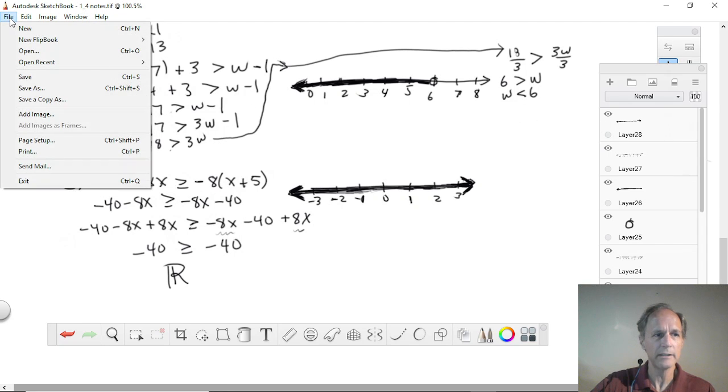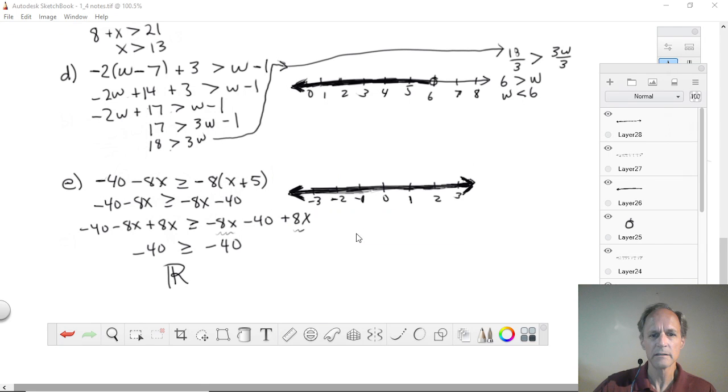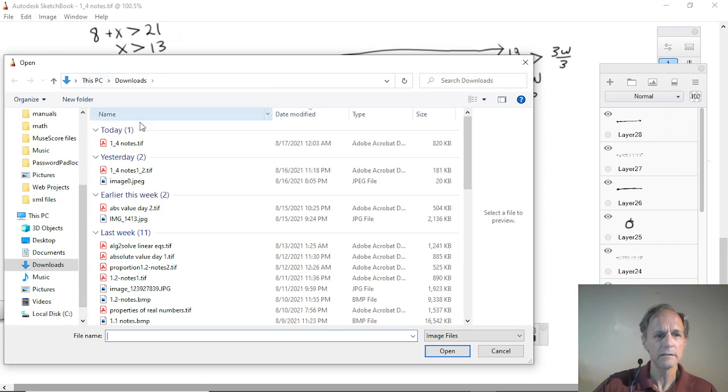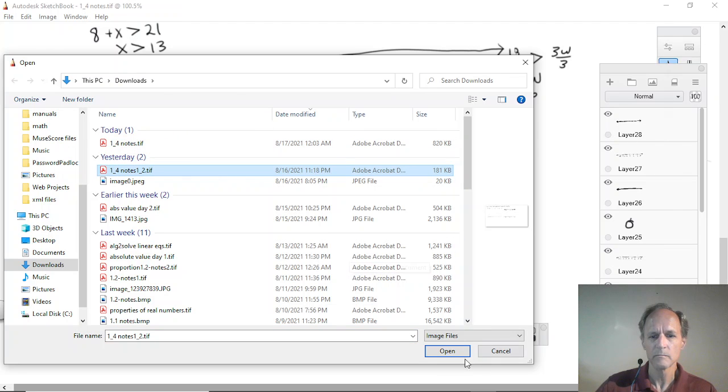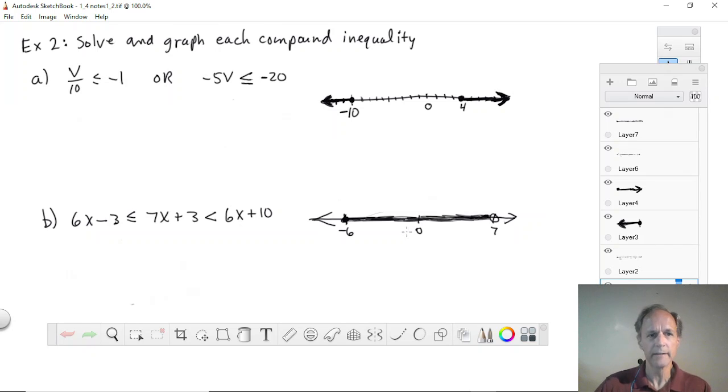Okay, so now we're going to look at some compound inequalities. And so those are the ones that have more than one inequality combined with or they could be combined with and.